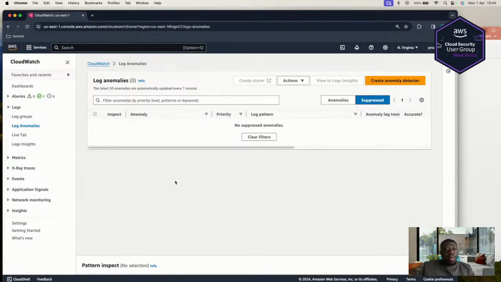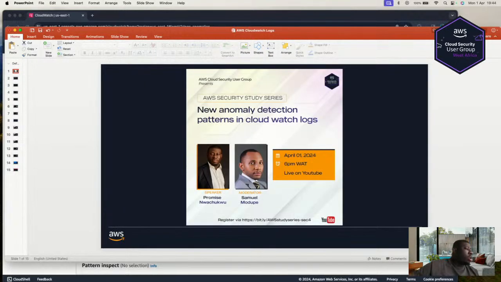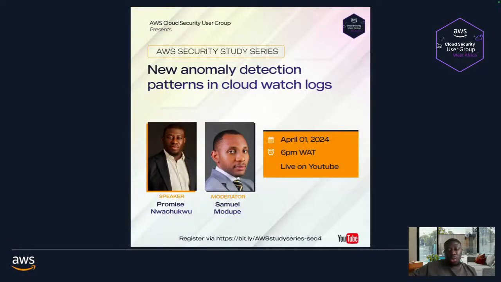So I think with that we have been able to get a basic concept of how log anomaly detectors work. Like I said, this has been quite an interesting session.